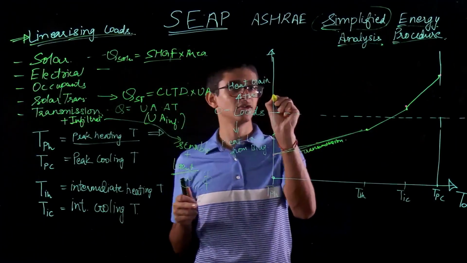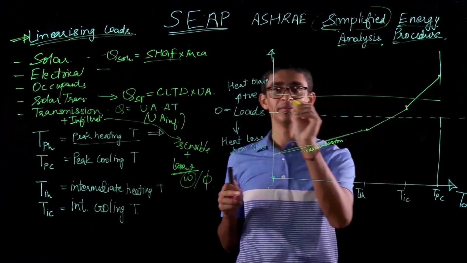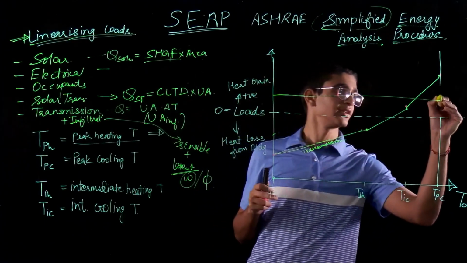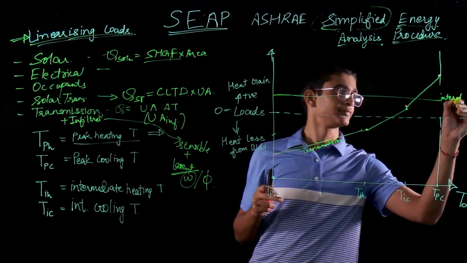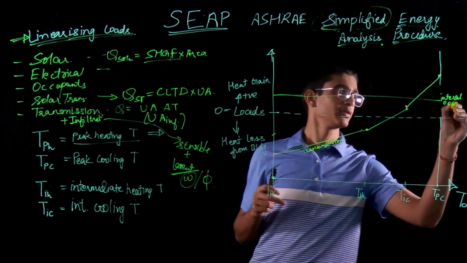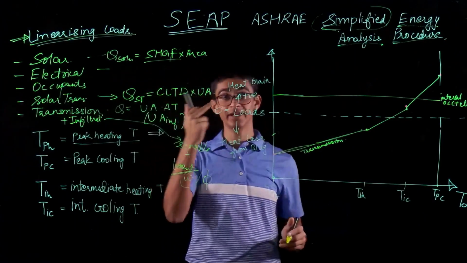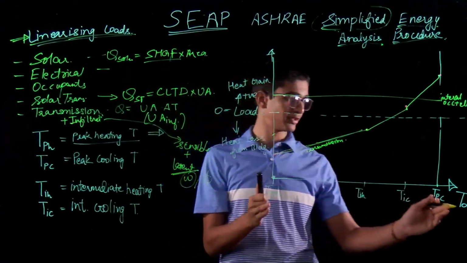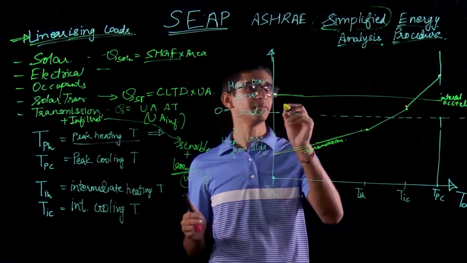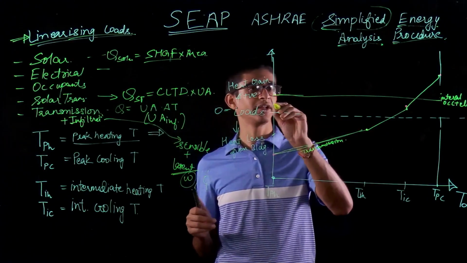So maybe the electrical loads are constant with respect to my outside temperature, and that's the internal occupant plus electrical. And the solar load is always positive, that is heat gain from the solar load, and with respect to different outside temperature and inside temperature, we may have a solar load which is something like this.